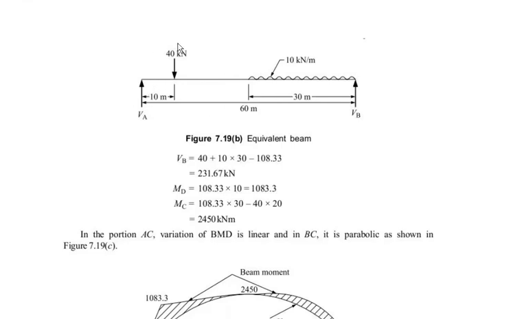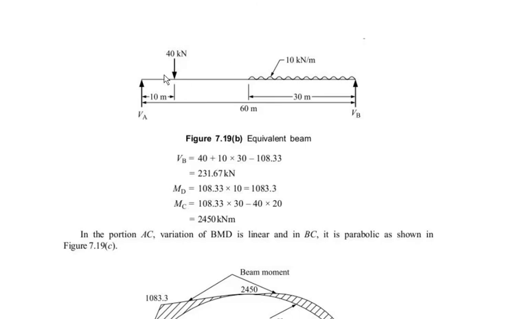So this is the equivalent beam, nothing but a simply supported beam on which the same loads are given, the same span, etc. So first of all in this beam we have to calculate the reactions VA and VB.